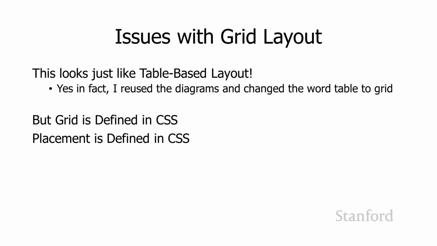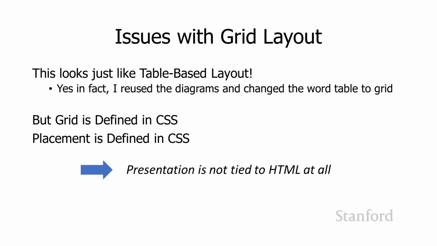And so we can define all sorts of grids for all sorts of different uses in our cascading style sheets. And then we can place any element anywhere we want on this grid. We are completely unlimited by the HTML. As long as I have a bunch of divs in my HTML, or for that matter, any other block elements, and I give them IDs, I can take any of those elements that I gave them an ID and I can place them in any grid from the cascading style sheet.